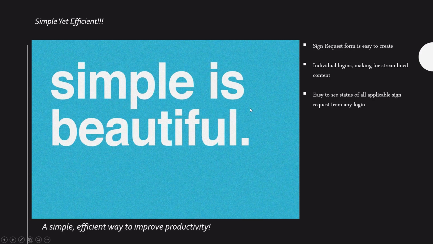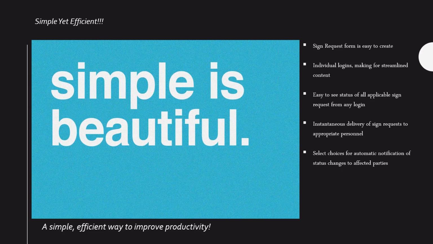Okay? It's easy to see the status of all applicable sign requests from any login, with instantaneous delivery of sign requests to the appropriate personnel. So you're able to actually see the status changes. You're able to see automatic notification back saying that the sign request has changed in its status or that it's ready to be picked up, any of those types of things.